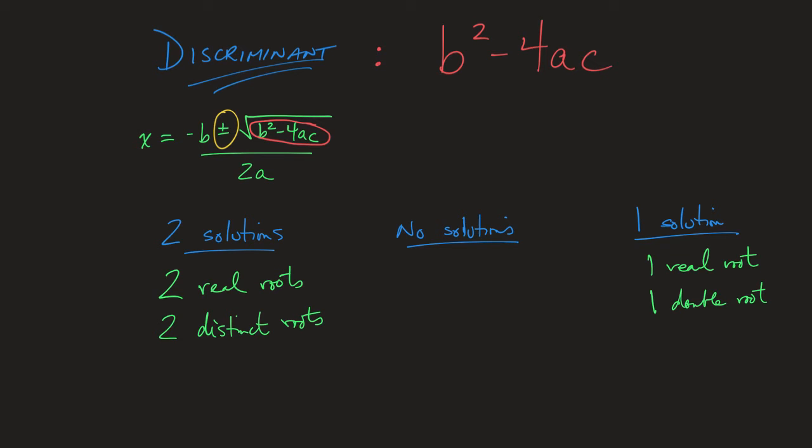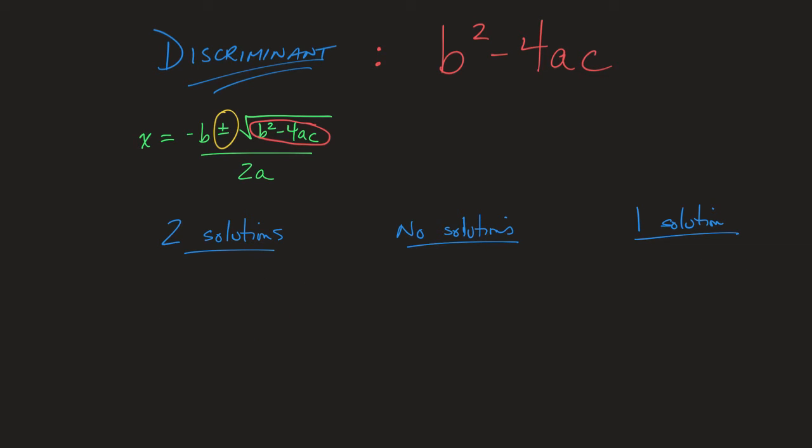So that's why you can often see, no, I've got 2 roots and they are distinct, or I have 2 roots and they are the same. So it's 1 double root. All of that is wording that is way too specific for what we're talking about in here and next year in advanced functions. So since we're always working with real values, I think we can nail it down to 2 solutions, no solution, or 1 solution.